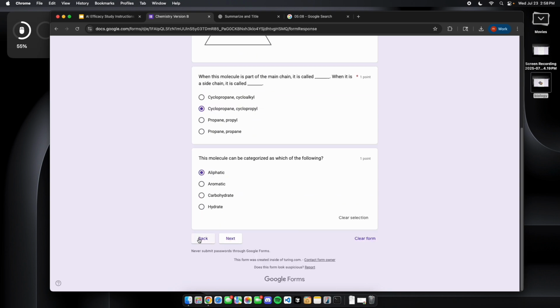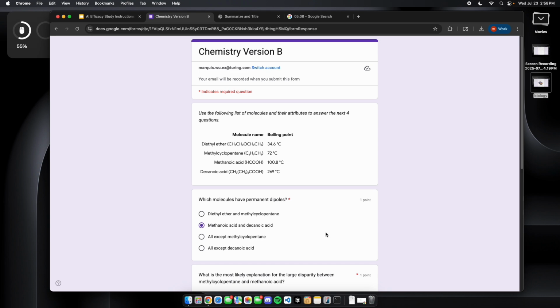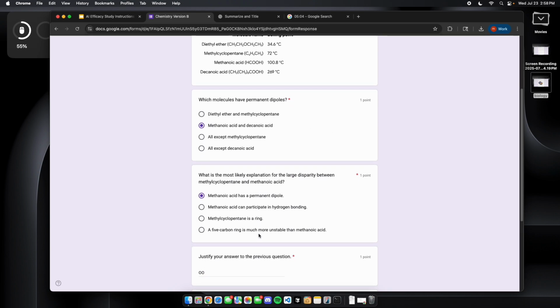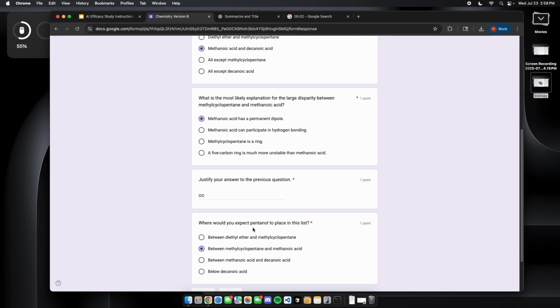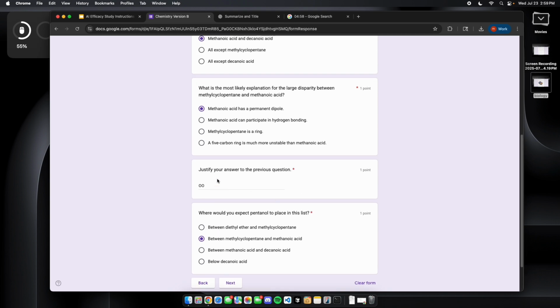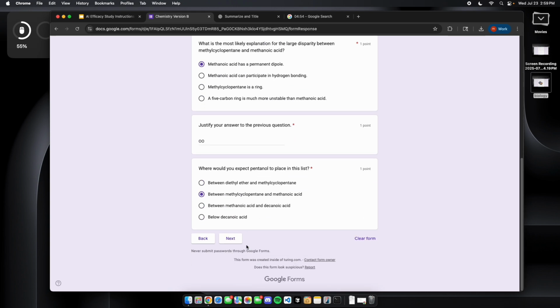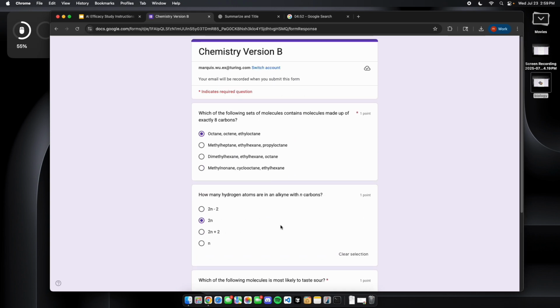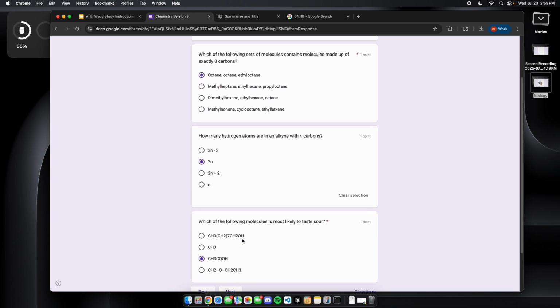I think that's good enough. However, I know some of these questions, I'm pretty sure I got them correct, but I forgot the names of them. Alkyne with N carbons.